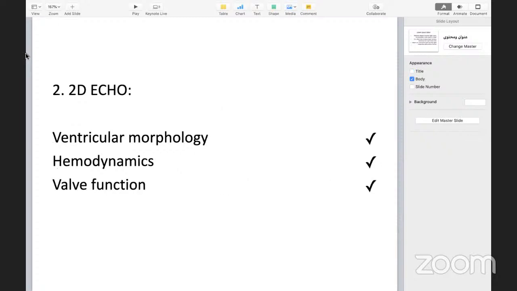For echo, I think Dr. Amay Shahid has explained, and of course she's better than me, but I'm just going to review it quickly. We start with 2D echo. It will show you the ventricular morphology, the hemodynamics, the valve function, and the structures.